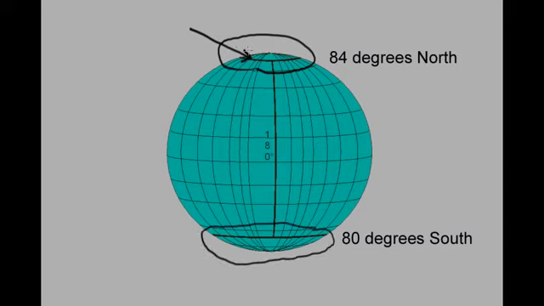You notice it's 84 degrees up north and 80 degrees down south, and then at 180 degrees east-west longitude they make an incision in the earth, and of course that's on the other side of the globe from Greenwich, England.